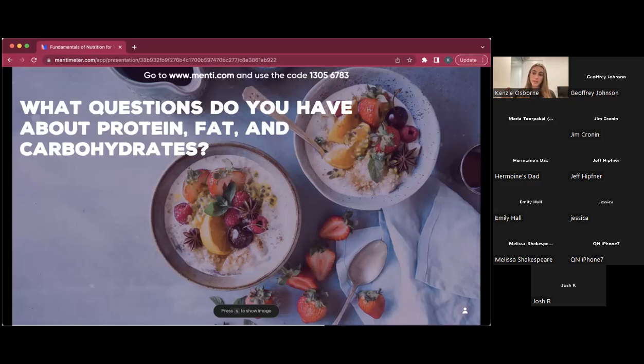Slow carbohydrates are going to be things that are higher in fiber. So beans, brown rice, quinoa, whole grains, vegetables, things like that. They're harder for our body to digest. They take a longer time for us to digest, and therefore, we're spending more time and energy with digestion, and we're not getting that energy as quickly.